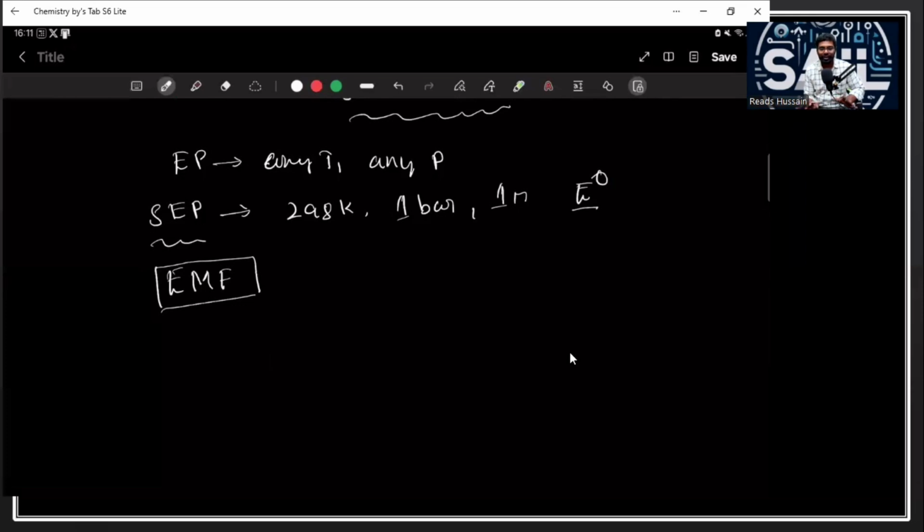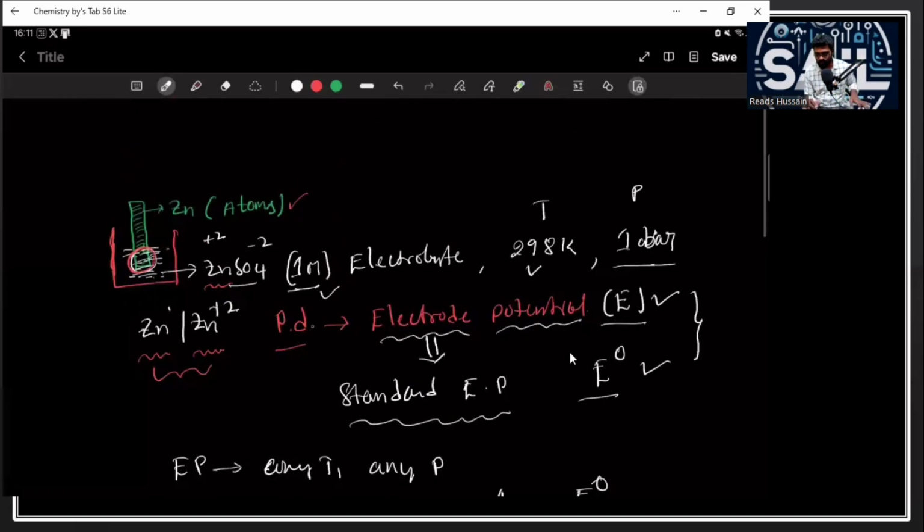This is about electrode potential. Electrode potential is the potential difference that occurs due to the contact of metal atoms and their own metal ions. Whatever the metal ions, when they are the same type of metal, we can call it the corresponding electrode potential.